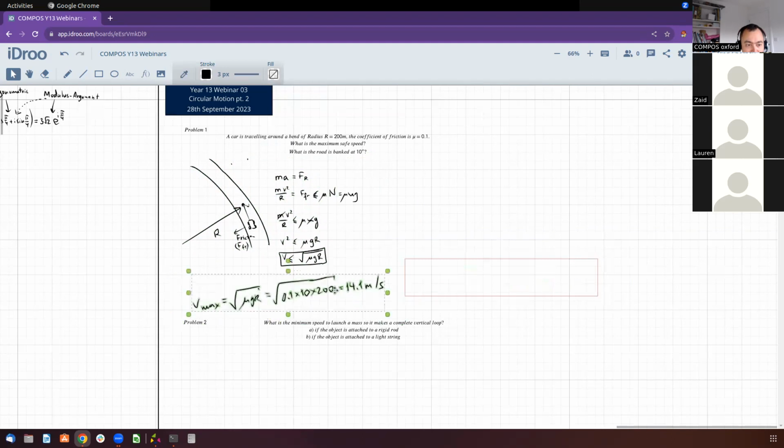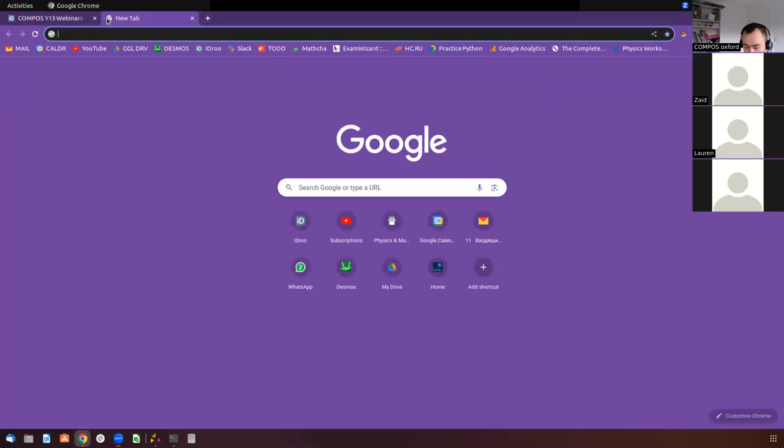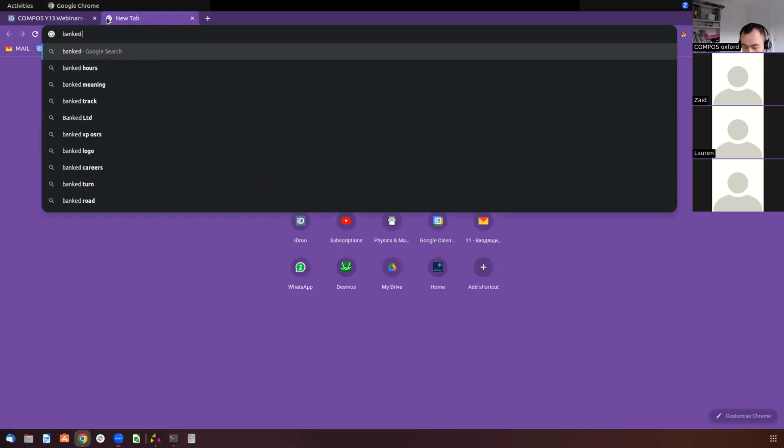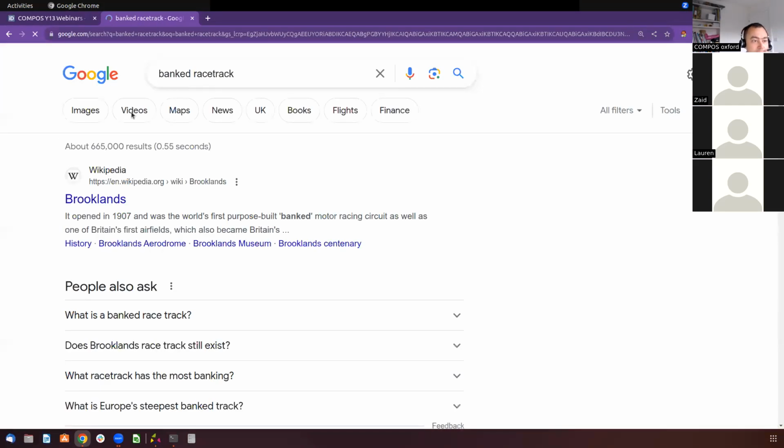Now, if the road is banked, do you think it's going to be more or less? Let's check your understanding. If the road is banked, more, of course.